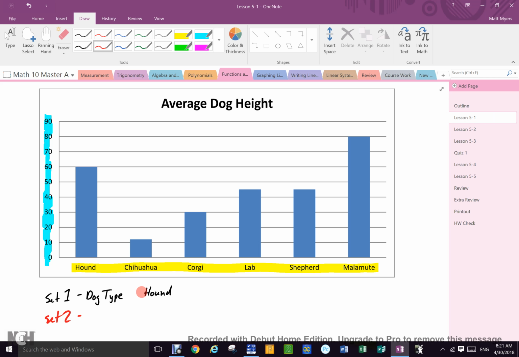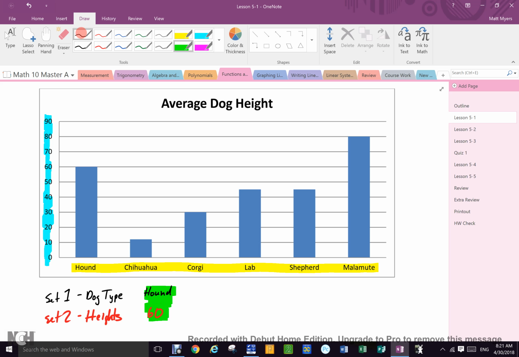Now, what is the first height you see? 60. Excellent. So now we have a relation, which I'm doing in green because it's yellow and blue mixed together. I have hound. That's one element in one set, and that compares to the element 60 in the other set. Is everybody cool?